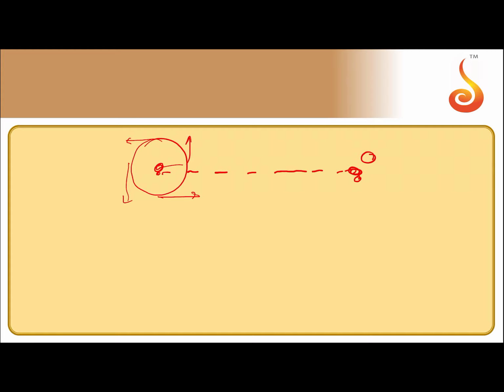Observe that the observer is far away, which means that for all practical purposes we can ignore the size of this circle. And you know that frequency is minimum when the source is moving away. That means corresponding to this situation we have minimum frequency.